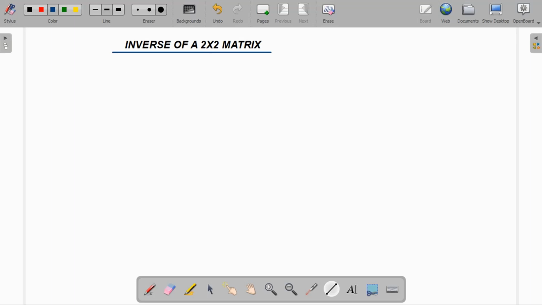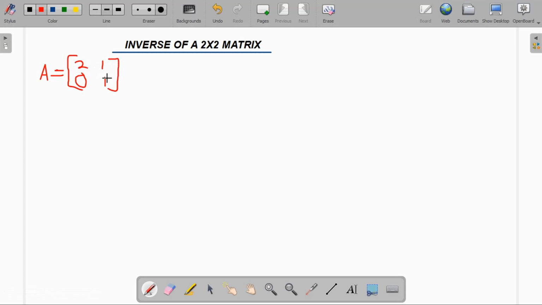That's the first step. So for example, you have been given a matrix A equals 2, 0, 1, and 1. This is the matrix that you have been given.